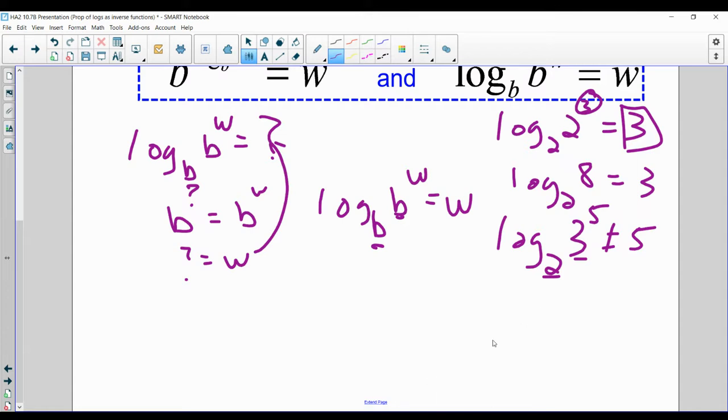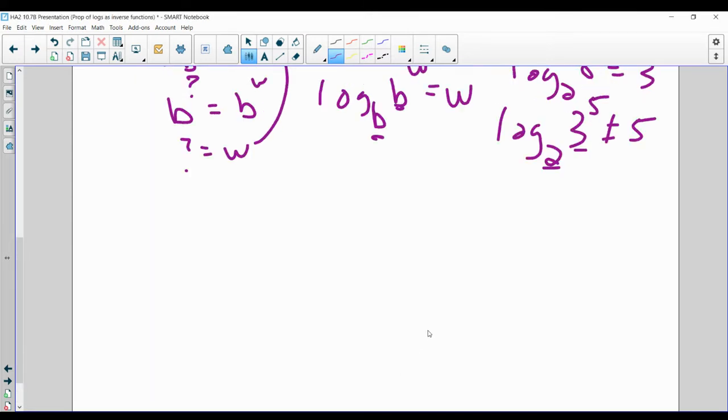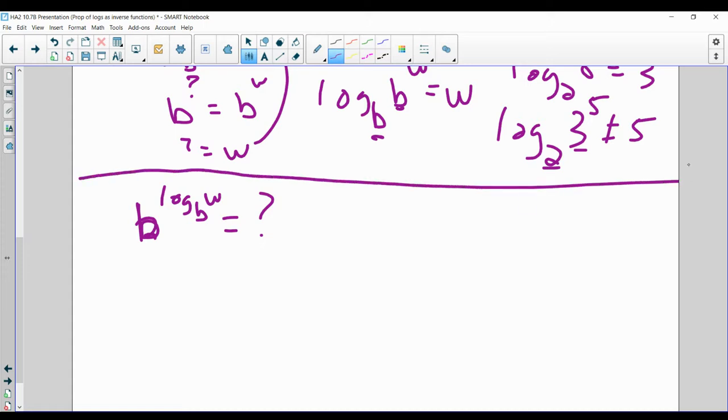Then the other one. B raised to the log base b of w. Again, let's say we don't know what that equals. Since this is in exponential form, I'm going to switch this now into logarithmic form. So if I switch this into logarithmic form, log base b of the question mark equals log base b of w.